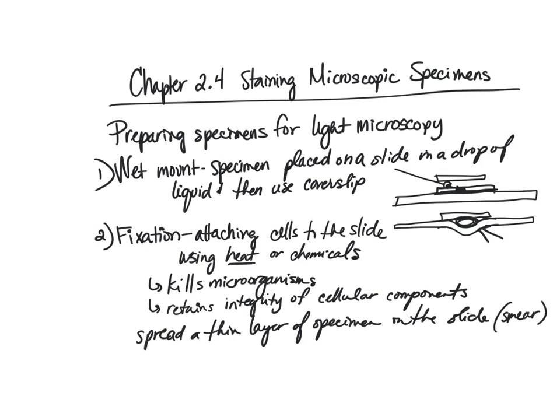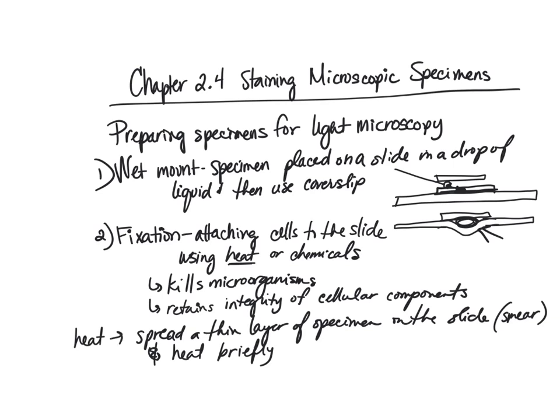And then you're going to heat it briefly. So again, pass it through a Bunsen burner flame just a couple of times, so 2 to 3 times. Spread a thin layer of specimen on the slide and heat briefly. So this is for heat fixation here.